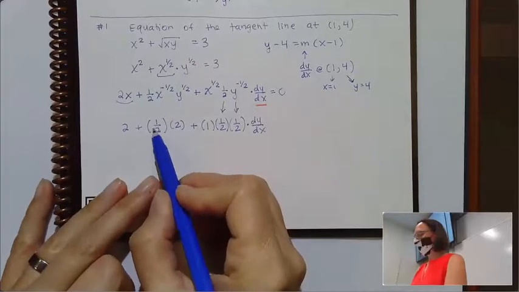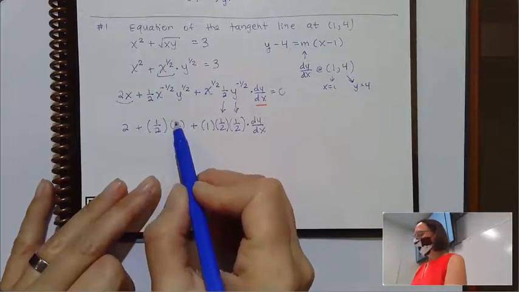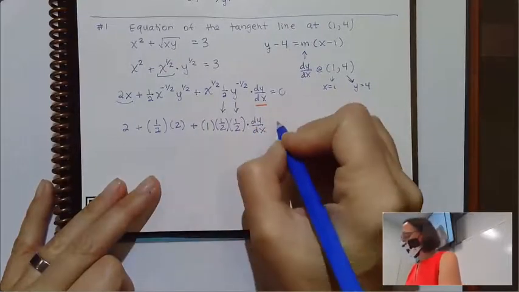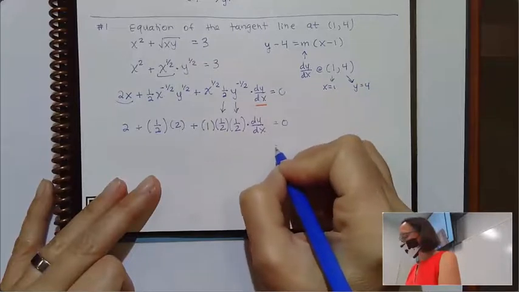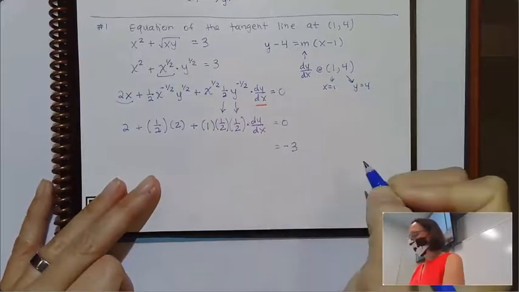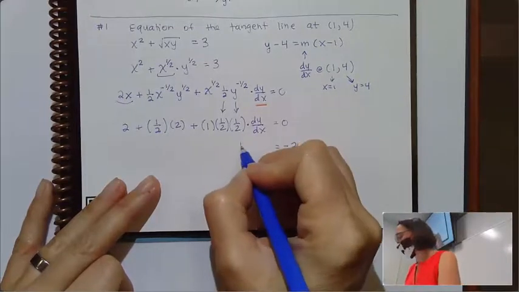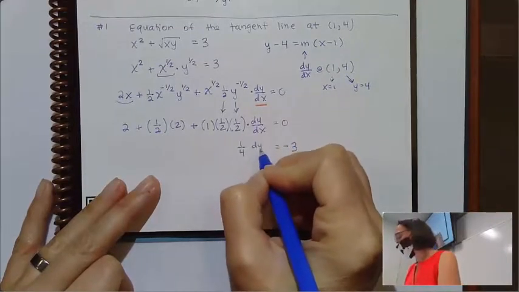Well, 1/2 times 2 is 1. 2 plus 1 is 3. So over here, I could have a -3. And 1 times 1/2 says I've got 1/4 dy/dx.